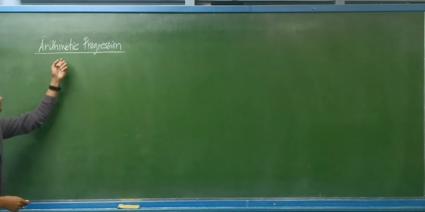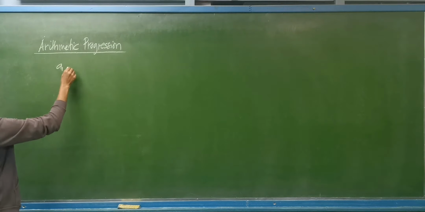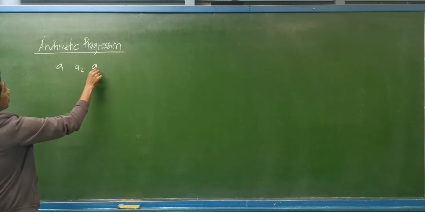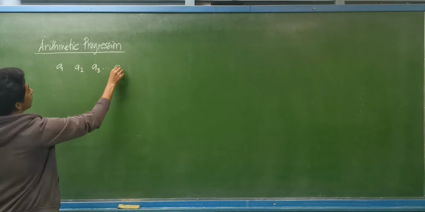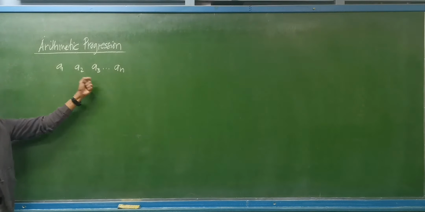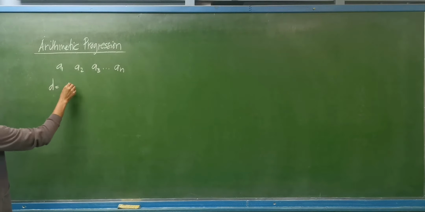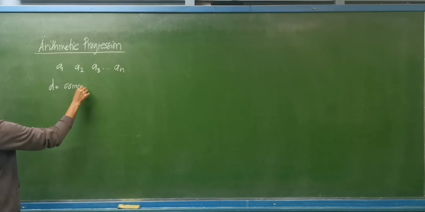So for arithmetic progression, for example, we have the terms a sub 1, a sub 2, a sub 3, up to, let's say, a sub n. For a progression to be distinguished as an arithmetic progression, we should have a common difference.